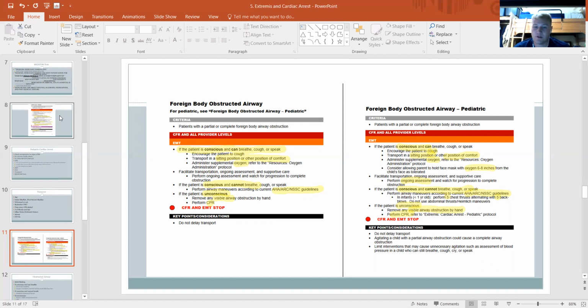And then again, rapid transport, and then provide supportive care and continuous assessment. For unconscious patients, you're going to remove any visible airway obstructions by hand and then begin CPR following the cardiac arrest protocols for pediatrics. For adults, you're just going to perform CPR and go from there.